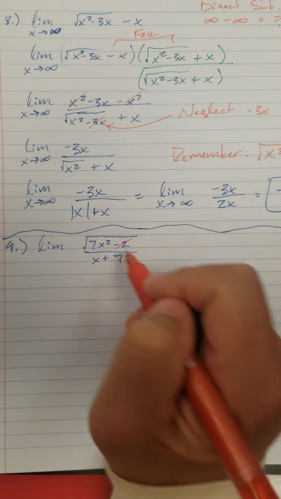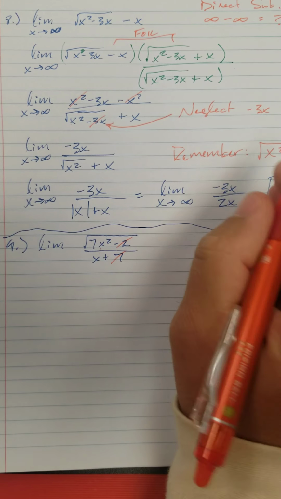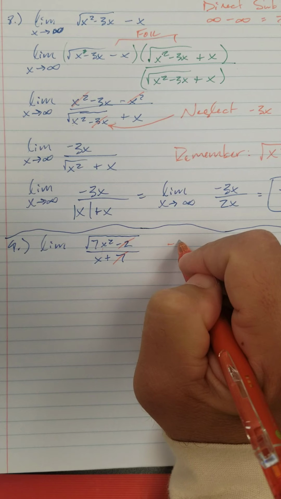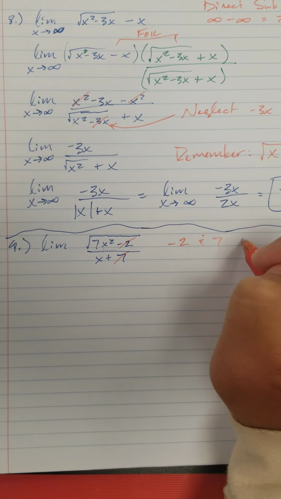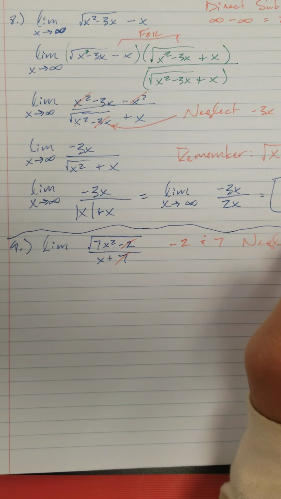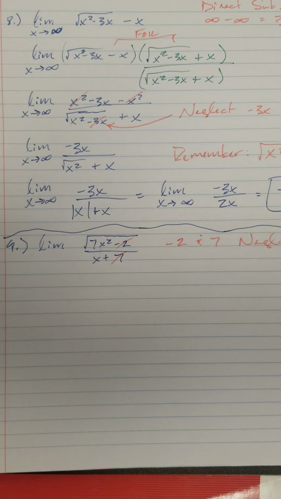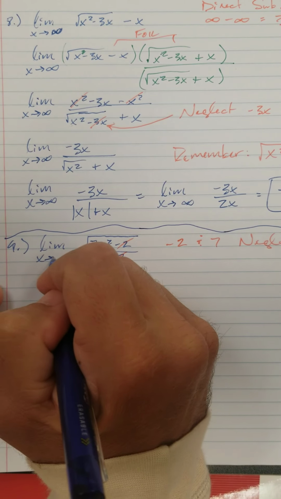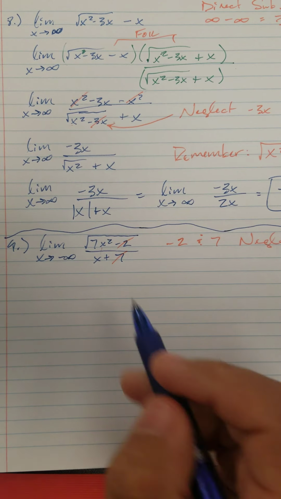Here, we can neglect both of those, again due to the magnitude of the other terms there. So negative 2 and 7, as x approaches negative infinity.